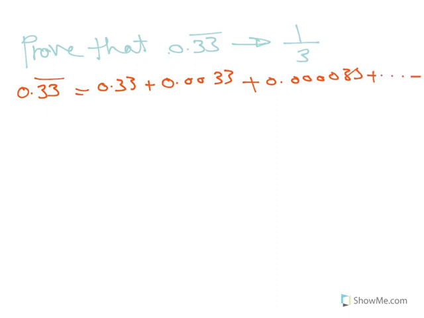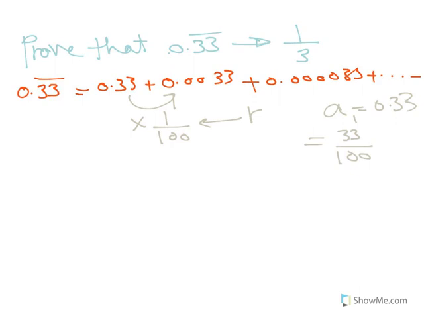And as you may have noticed, you're multiplying that number by 1 over 100 all the way. So r is equal to 1 over 100. A1, which is the first term, 0.33, can be written as 33 over 100.